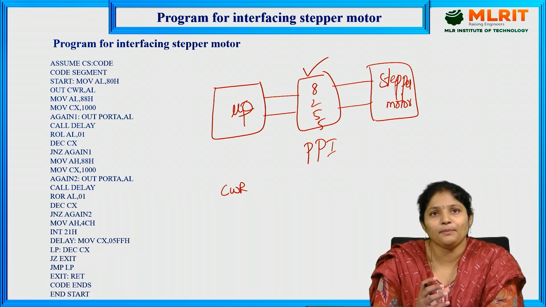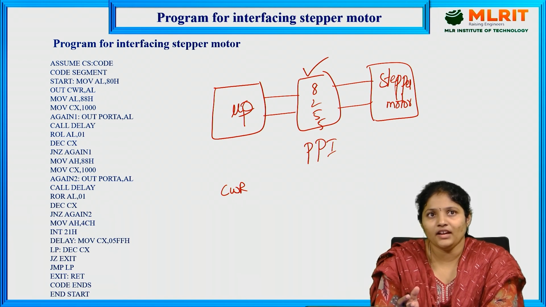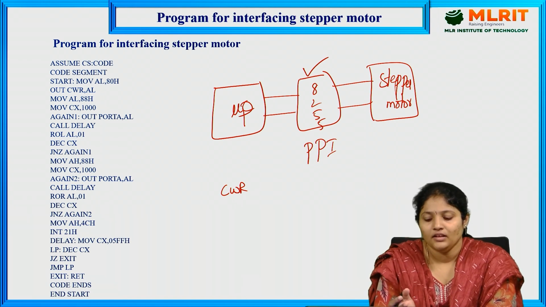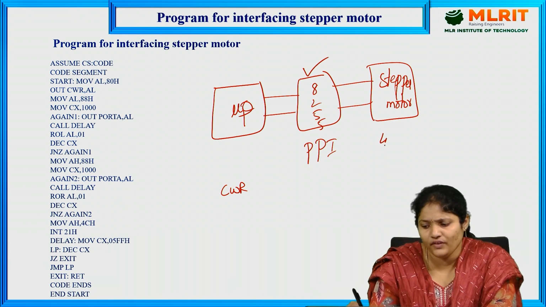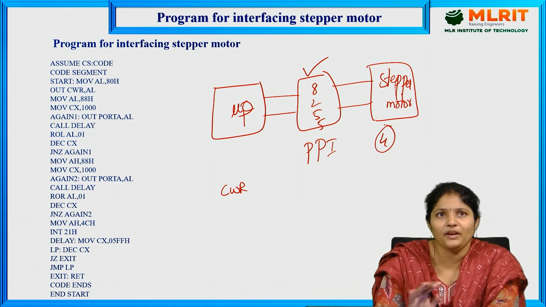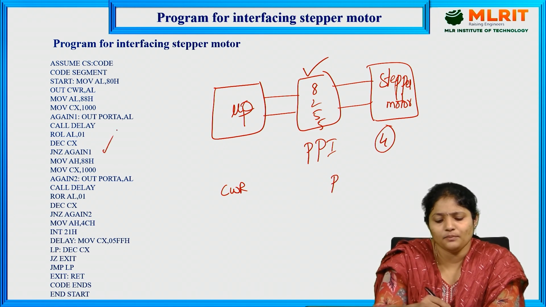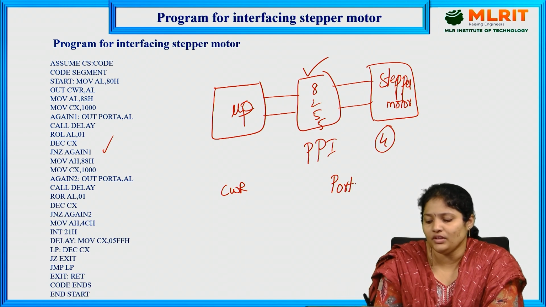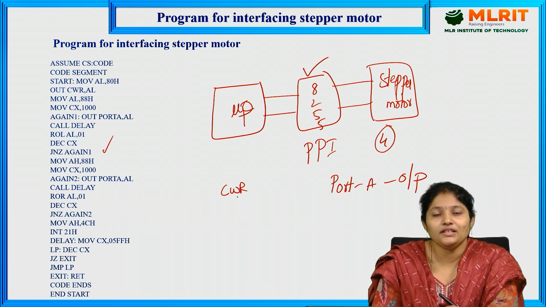Here the stepper motor is used to operate the printer, right? So it is an output device. That's why here we will consider the ports as output ports, and here it is a 4-phase stepper motor, so 4 pins of any port can be used. In the current program I will be using port A as the output port. So now we need to write the CWR register.